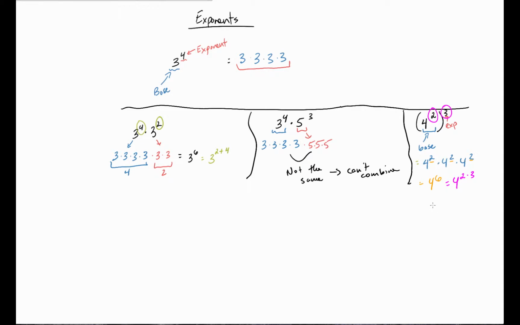So let's go ahead and formalize these a little bit. In this first example, if I had b to the m times b, the same base, to a different exponent, I know that's just b to the m plus n, sorry.